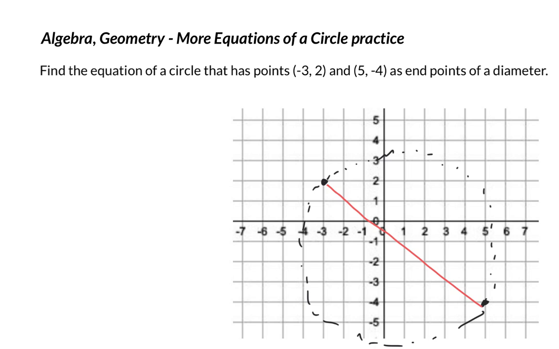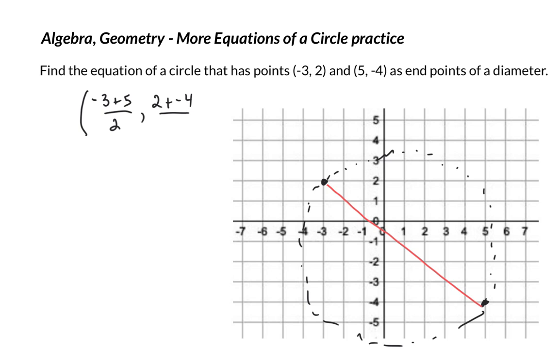So the first thing I would like to do is figure out where the center of the circle is. Well, the nice thing is it's the midpoint of this diameter. So we're going to use our midpoint formula. If you remember, the midpoint formula just says add up your x's, so -3 and 5, and divide by 2. It's the average. And then we do the same thing for the y's.